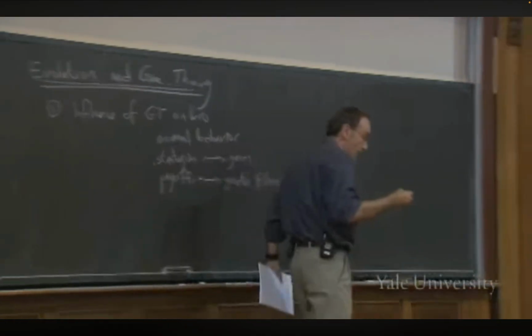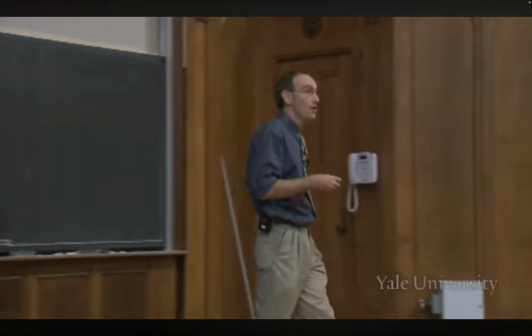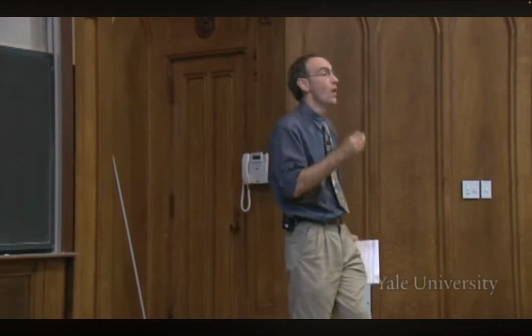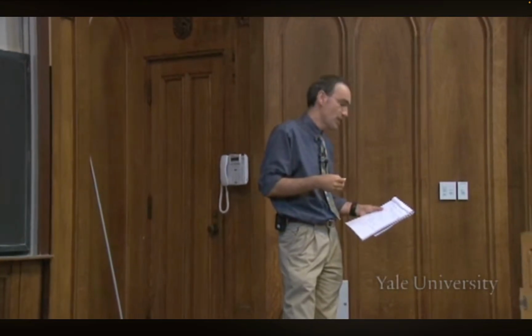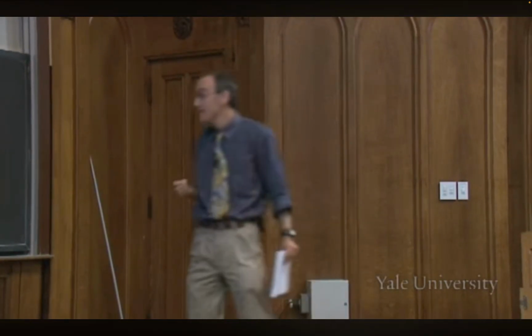And the big idea, of course, is that strategies grow if they do well. Strategies that do well in these games grow, strategies that do less well die out. So we're going to be visiting that today.